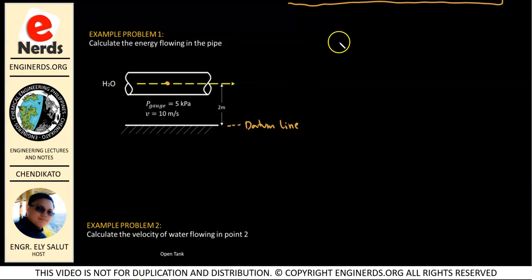So we know that energy is equal to pressure head muna. So we have pressure over unit weight plus our elevation head plus our velocity head. So we have velocity squared over 2g. Okay, so substitute natin yung mga values natin. So we have energy is equal to our pressure, which is 5 kilopascal.